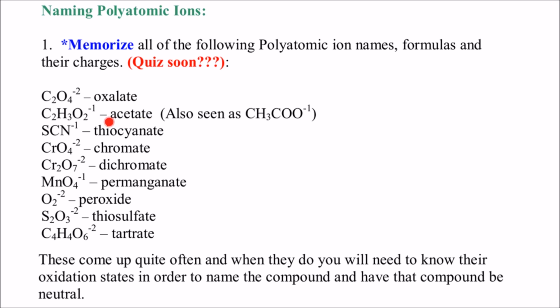Here we have a really common polyatomic anion that comes up a lot called acetate. This is actually what vinegar is made out of. Alright, so acetic acid is vinegar. Notice what I just said there, acetic. I changed the ate ending back into an ic ending, meaning that this is an acid again, okay?